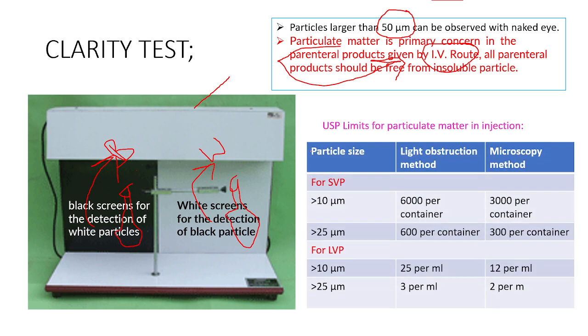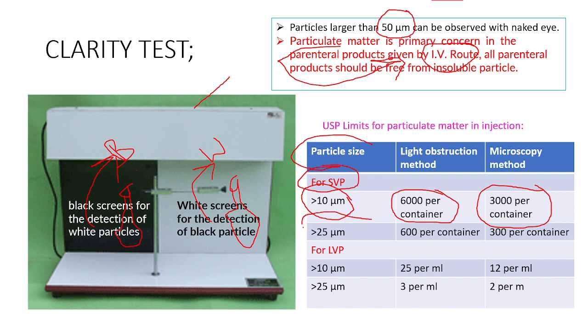Then what is the limit for particulate matter in parenteral dosage forms? In case of small volume parenterals, if the particle size is greater than 10 micrometer, by the light obstruction method only 1000 particles per container can be allowed. The same greater than 10 micrometer particles in case of the microscopic method, 3000 particles per container can be allowed.